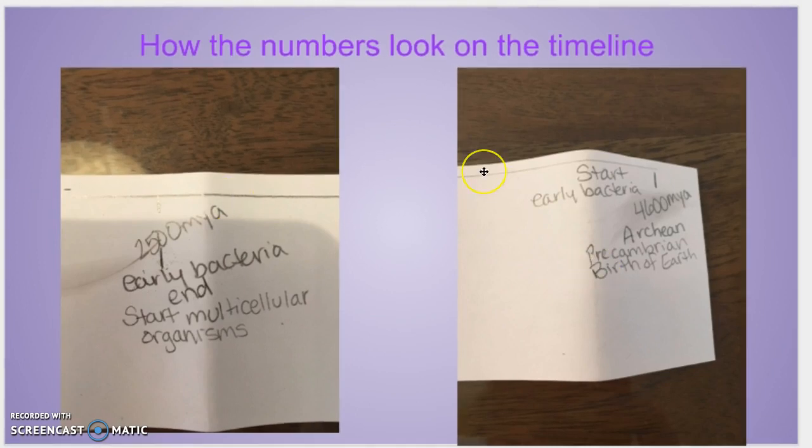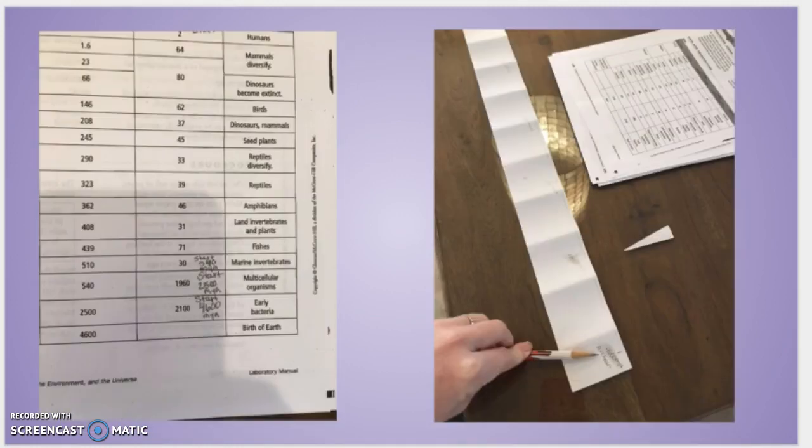Once you have those markings labeled all the way down your whole strip of paper, you're going to start marking some of the numbers that we saw. To mark this first one at 4,600, it's going to go on your very first marking.